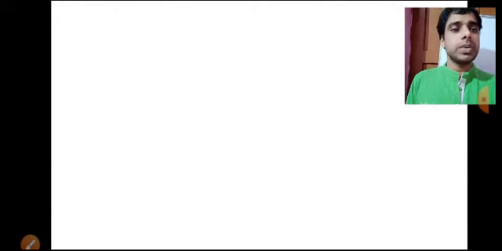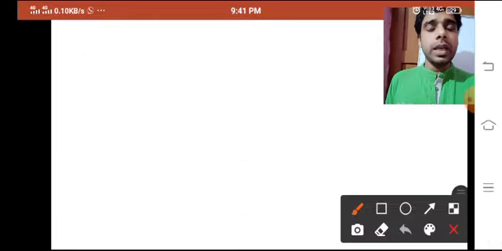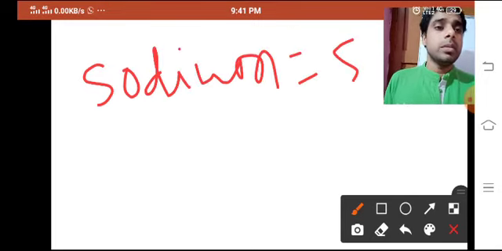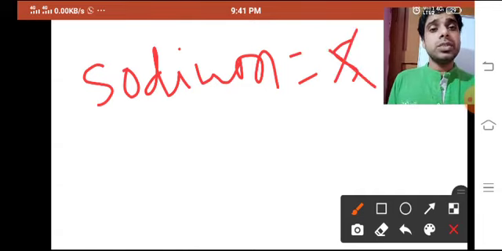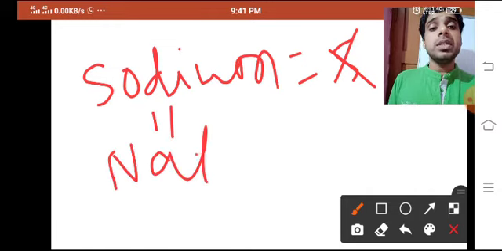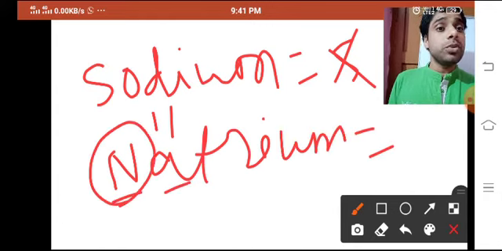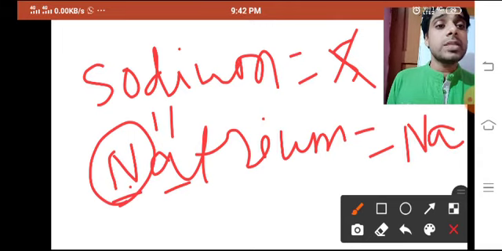If I write sodium, the first letter S is for sulfur, so there would be a problem. So you write its Latin name, natrium, and N is also for nitrogen, so I write a small letter: Na.